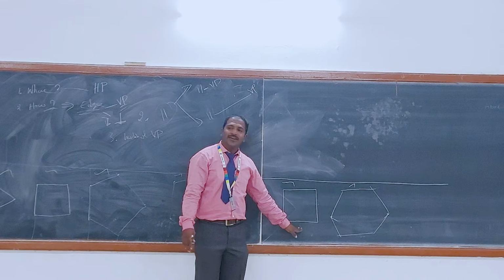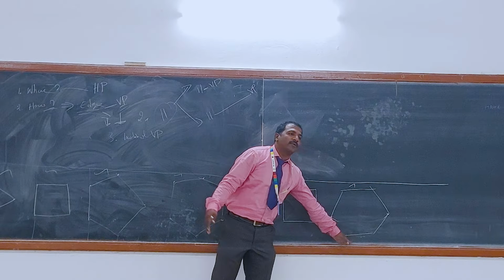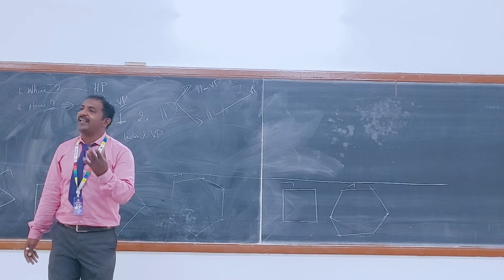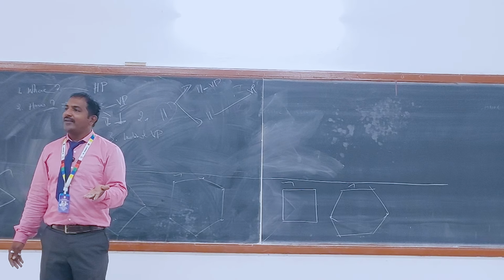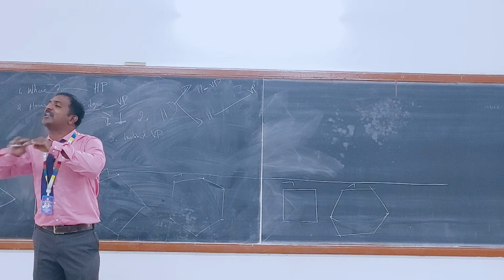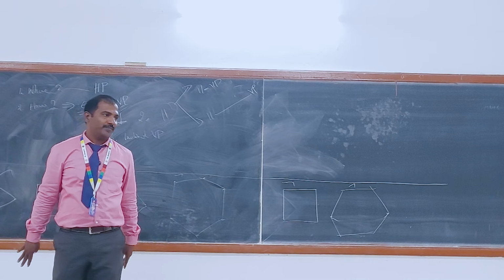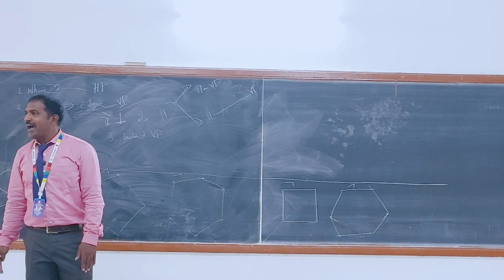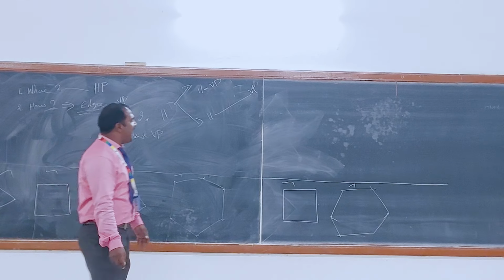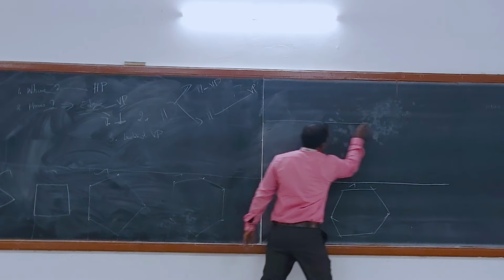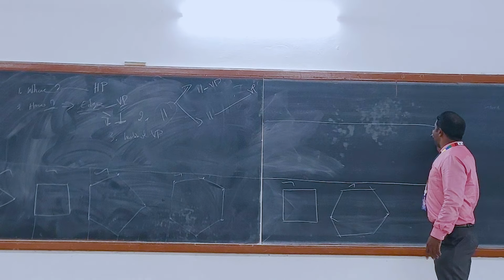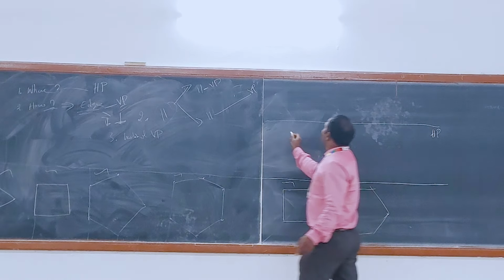Automatically, the other is far away from VP. So for square and hexagon, they will always tell such that one of its base is parallel to VP. They will close the problem. But for triangle and pentagon, that is not the case.